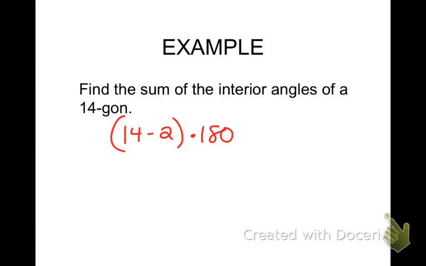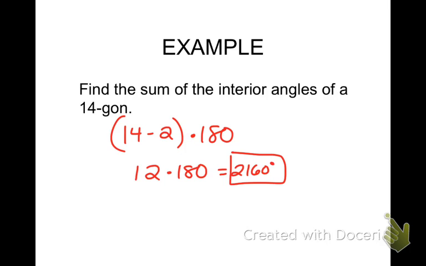So 14 minus 2 is 12 times 180. I don't have that number in my head. I'm going to need a calculator to help me out with that, unless someone's got it. 12 times 180 is 2,160 degrees. Okay.